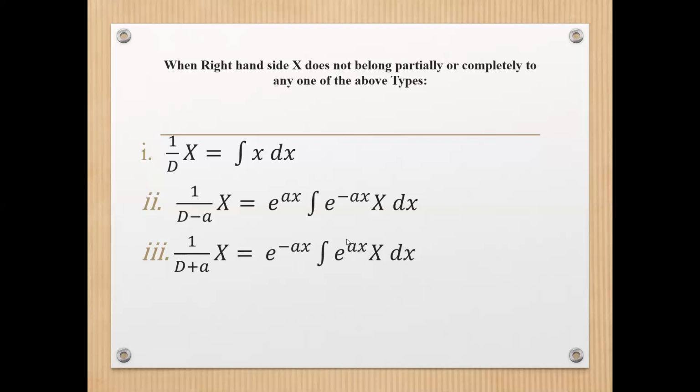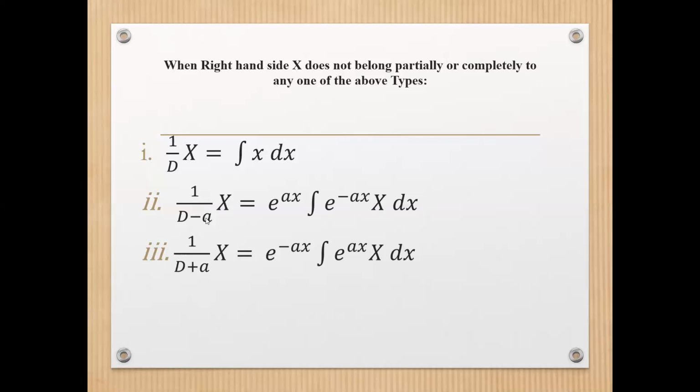In particular, suppose in the second formula we take a equal to 3. Then this formula becomes 1 upon D minus 3 of X is equal to e raised to 3x integration e raised to minus 3x capital X dx, because here we have taken a as 3.